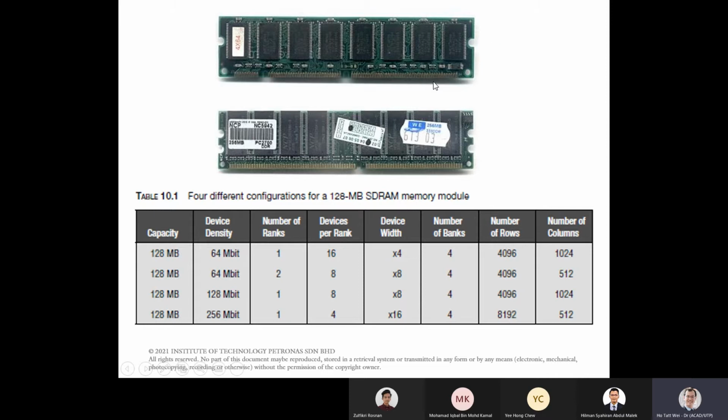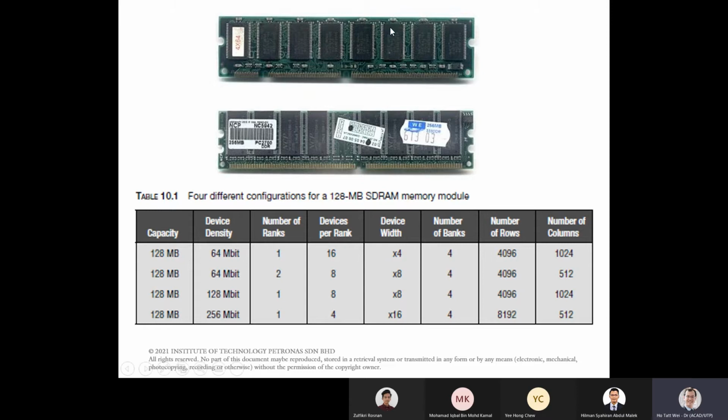For example, if this DIMM, a bit of old technology, has 128 megabyte chips, and I've 8 of these, then I've 8 times 128, which is almost 1,000, about 1 gigabyte.